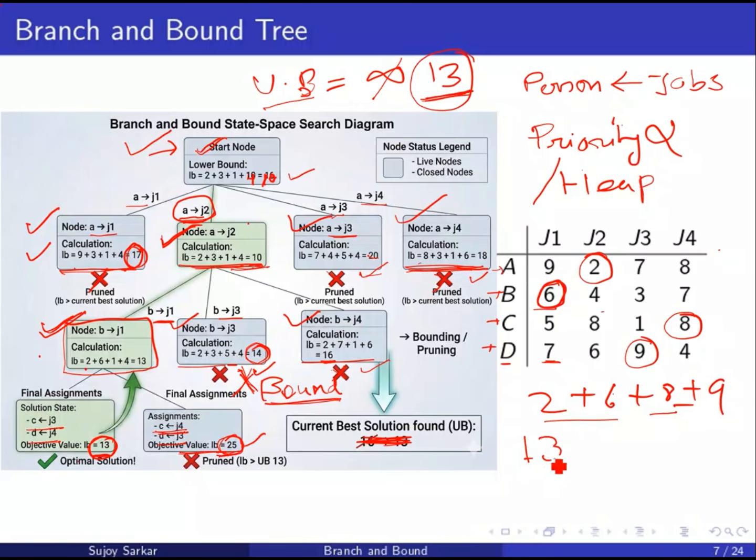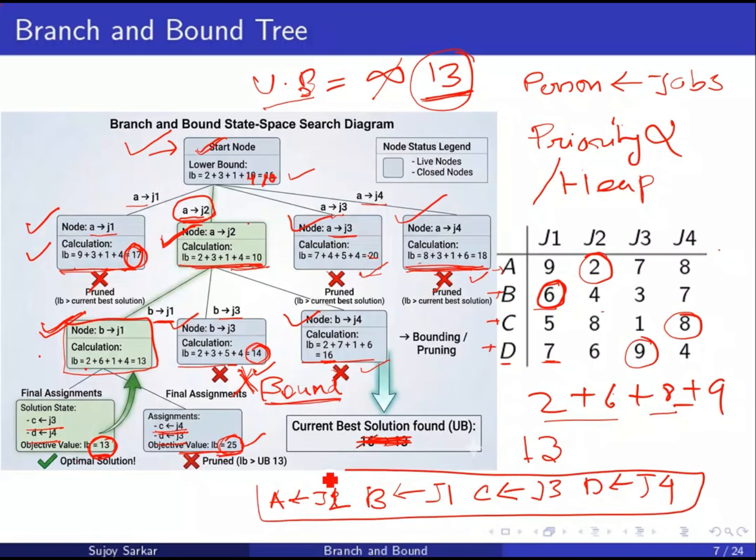The solution cost is 13. And what is the assignment we got? We assigned A with job 2, B with job 1, C with job 3, and D with job 4.